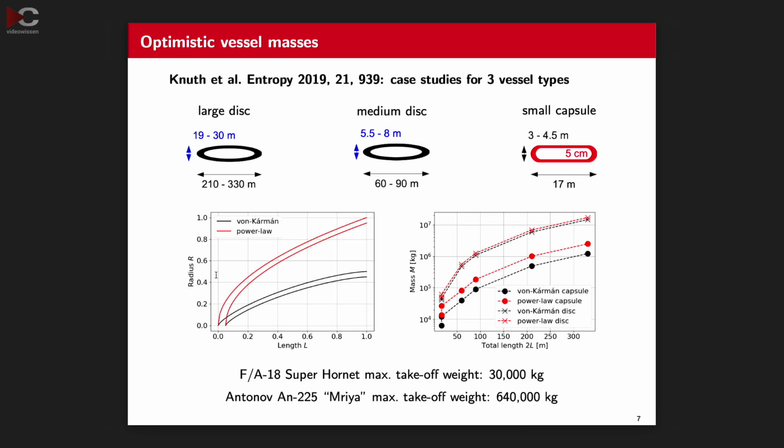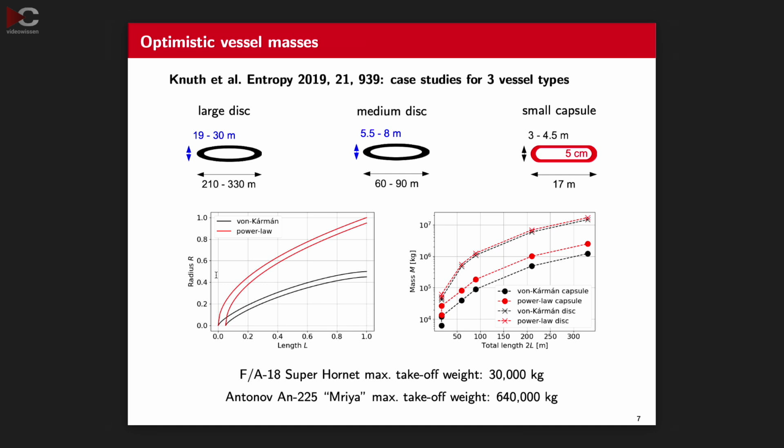The next disk, which was observed, is of medium size, about 60 to 90 meters in diameter. And here again the height was missing. So let's assume that we have the same aspect ratio like the large disk. Then the height of this medium disk is about 5.5 to 8 meters.